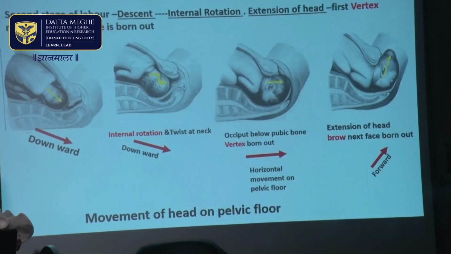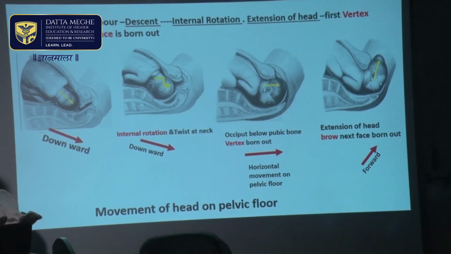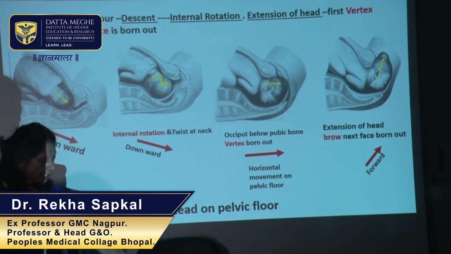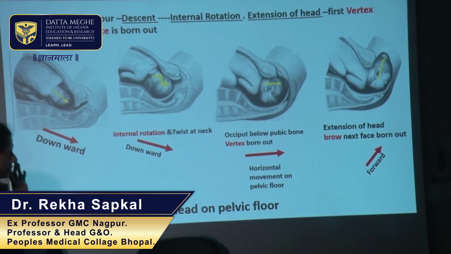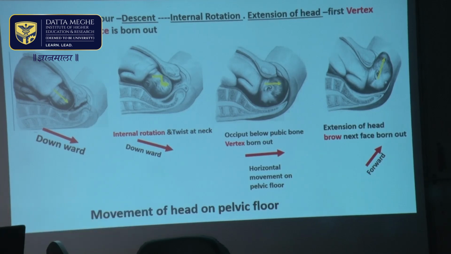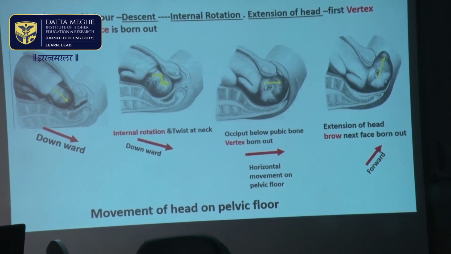Okay. This is a diagram to explain the major steps, the movements of the head which occur in the second stage of labor. It is very important to remember and understand this. The movement of the head is downward towards the sacral bone initially to enter into the pelvic cavity.